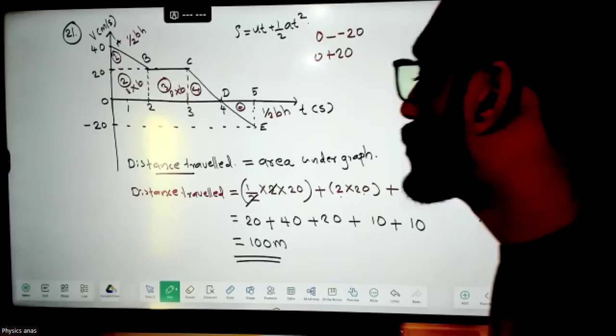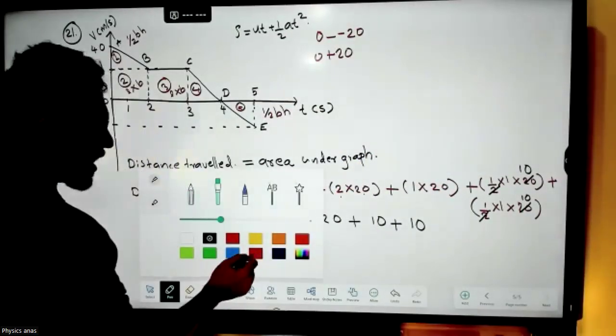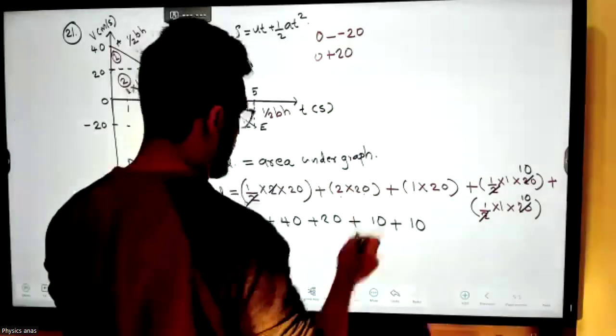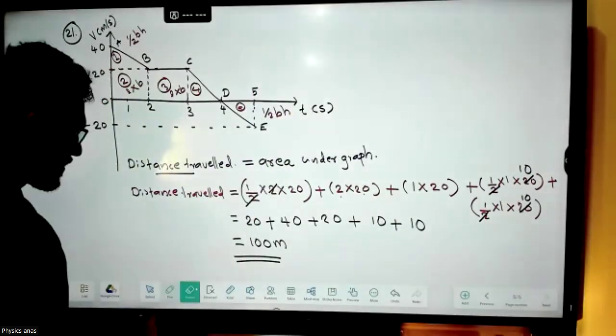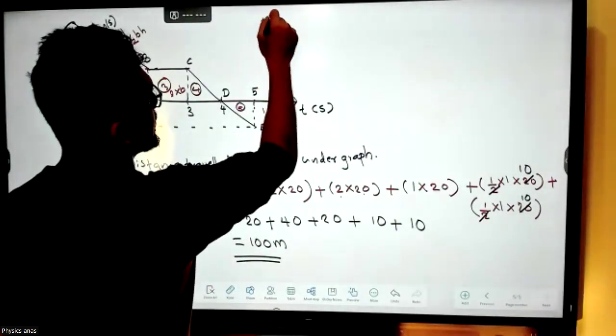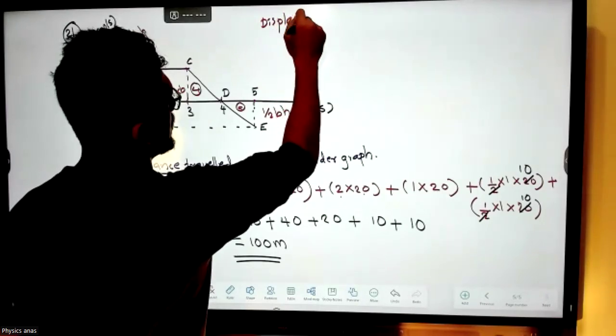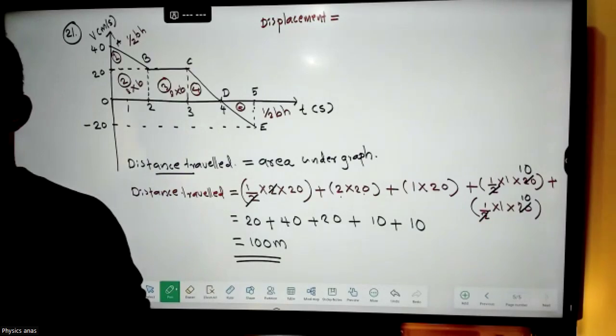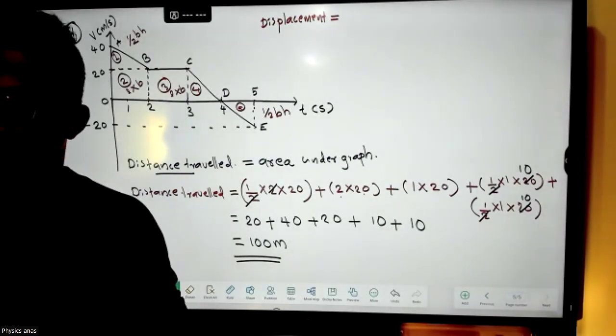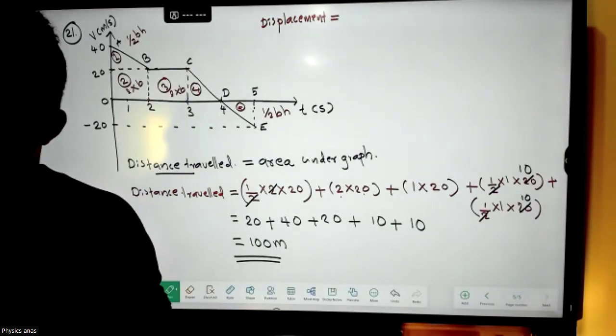Okay, that's distance traveled. Now we have to find displacement. How can we find displacement? What is displacement? Displacement is again area.